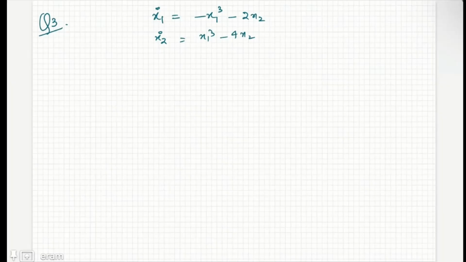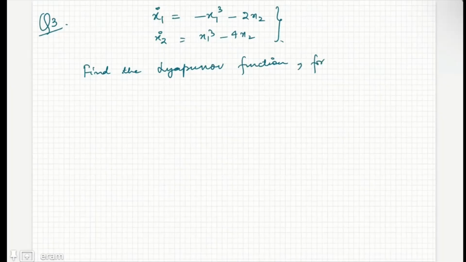For this system, we need to find the Lyapunov function for asymptotic stability.